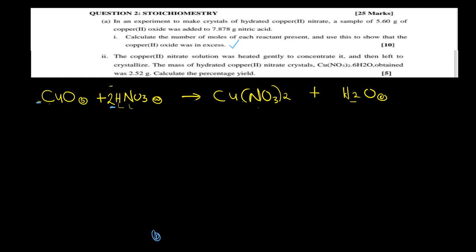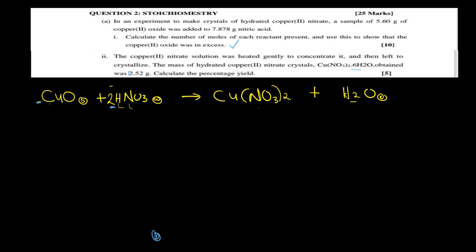It means the solution was left to dry so that they can collect the crystals. The mass of hydrated copper nitrate crystal obtained was 5.52. Here there was an error in the question. This was supposed to be 12.52. Calculate the percentage yield.